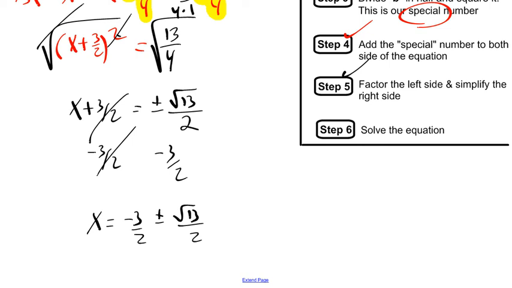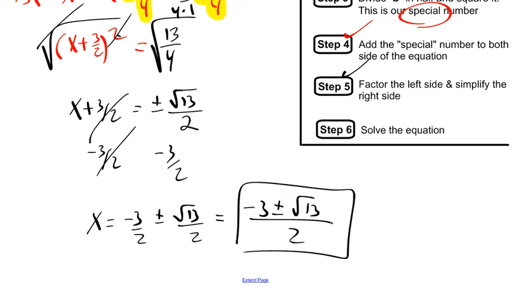Notice that they both have the same denominator, so we don't need to get a common denominator. Let's write this as one statement: negative 3 plus or minus radical 13, all over our common denominator of 2. And this would be our nice answer right here.